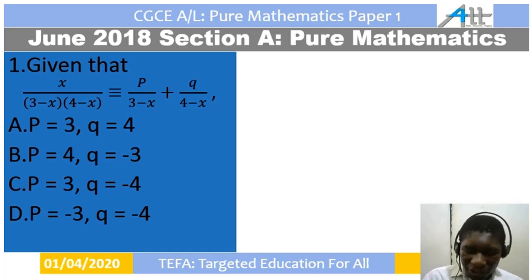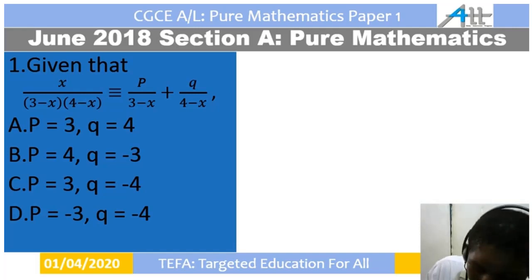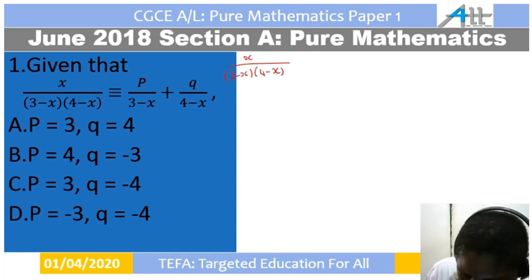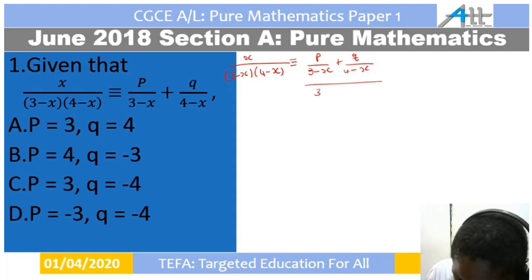So this is a partial fraction. We have x divided by (3 minus x)(4 minus x) equivalent to p over 3 minus x plus q over 4 minus x. We take the LCM, (3 minus x)(4 minus x).